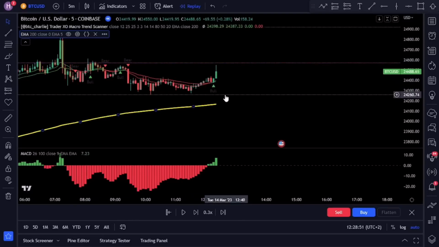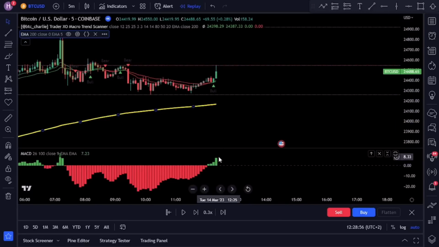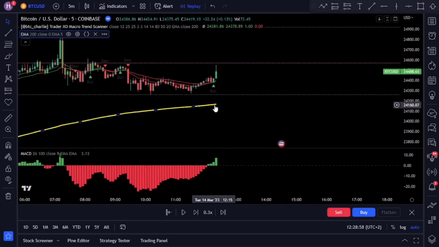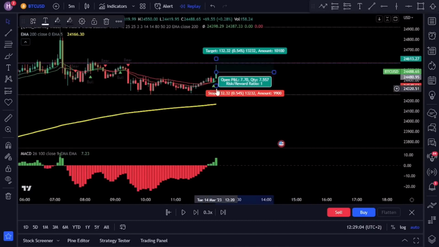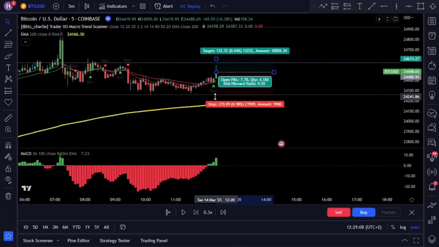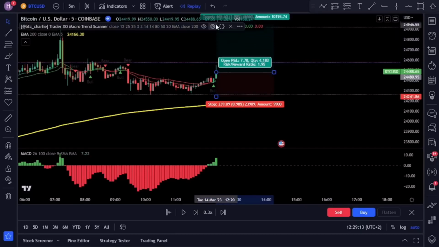Next, the MACD histogram has to be above the 0 line. The third condition is that the candlestick should close above the moving average line. You can enter a buy trade by placing your stop loss below the recent swing low and aim for a 1 to 2 risk to reward. Meaning again, you can simply drag your take profit until you have a 1 to 2 risk to reward.